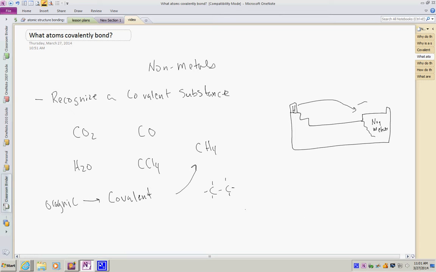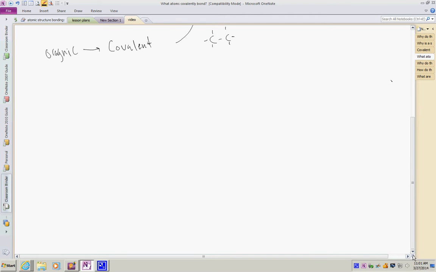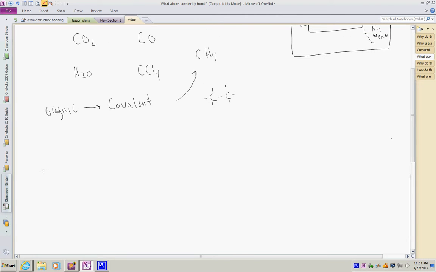Recognizing a covalent compound when you see one, part of that would be realizing that covalent compounds share electrons. Therefore, when you see these dashes, those refer to one pair of electrons being shared.